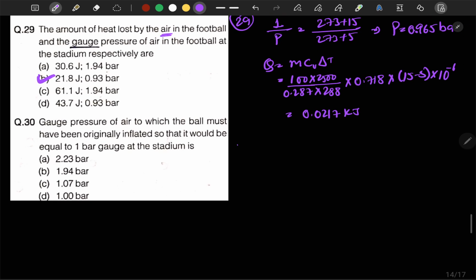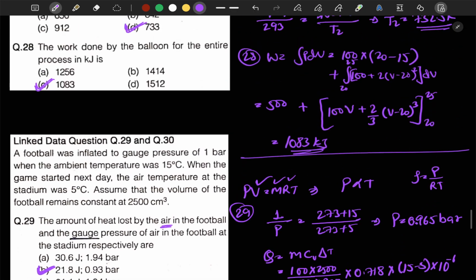And for question number 30, it is mentioned the gauge pressure of air to which the ball must have been originally inflated so that it would be equal to 1 bar gauge at the stadium.